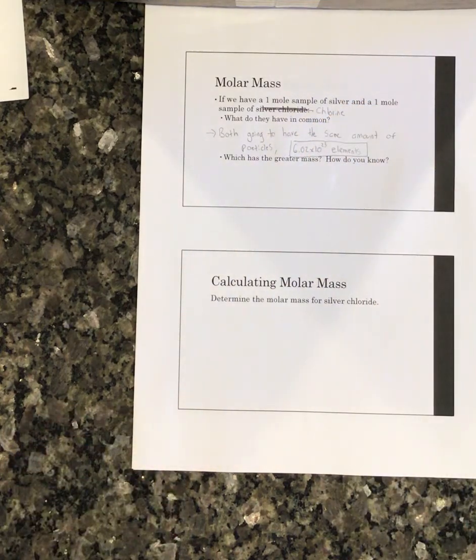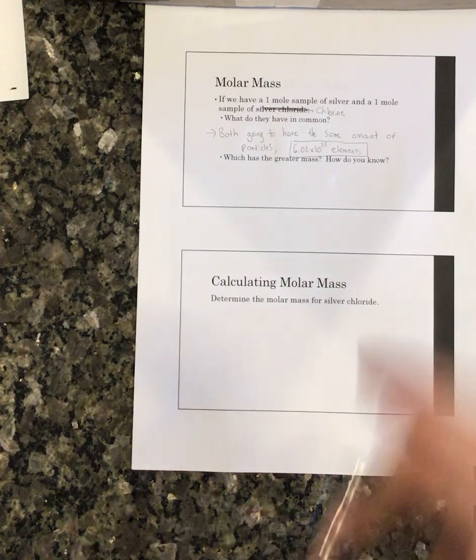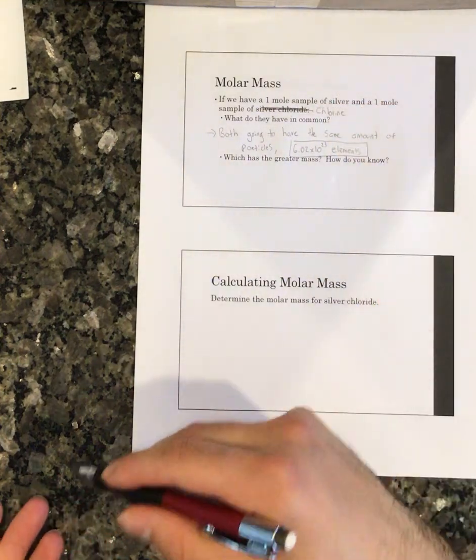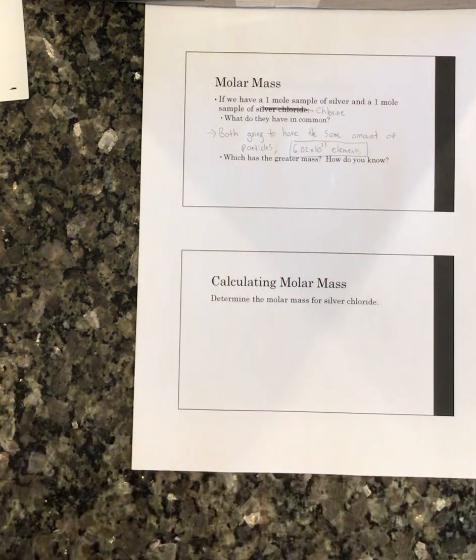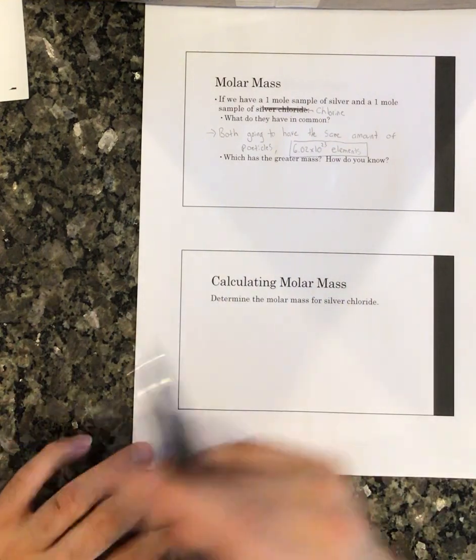Once again, when you have a mole of silver and a mole of chlorine, they have the same amount of particles, elements. If I had 1 mole of pencils, it wouldn't be elements anymore, but I would have this many pencils. Okay, so once again, that's the idea behind a mole.